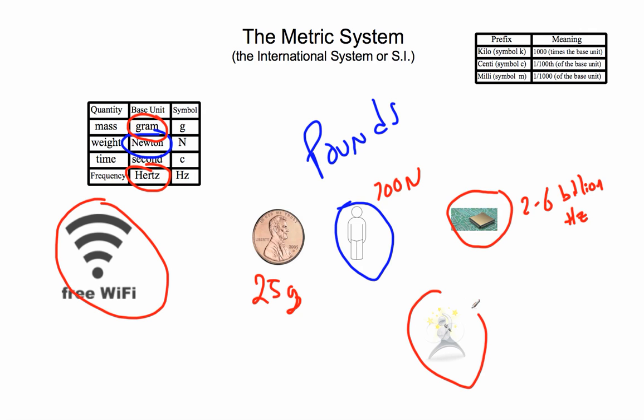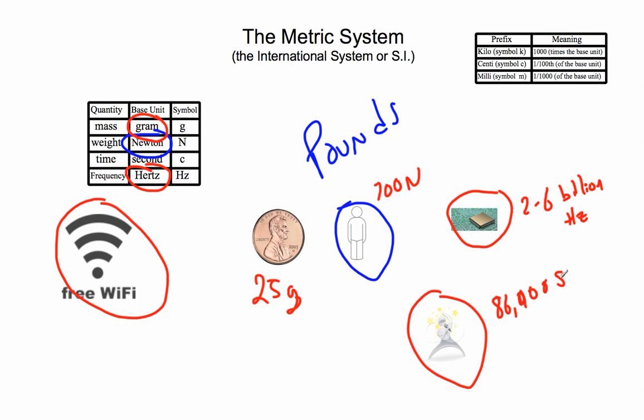And of course, a typical person's day lasts 86,400 seconds. So those are some examples of these units.